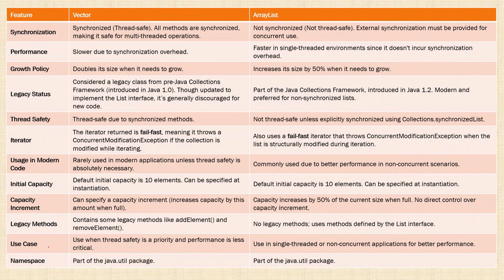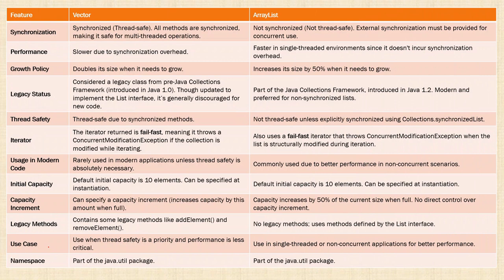You can't use array list in a multi-threaded environment because it is non-synchronized. And vector, which is synchronized, is thread safe, so we can use it inside a multi-threaded environment.